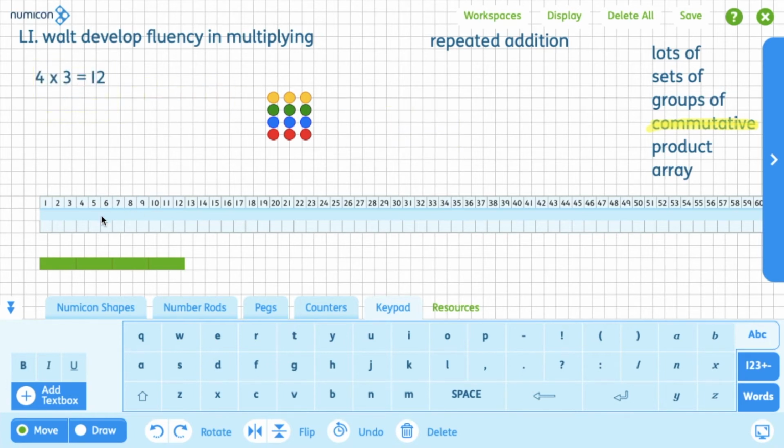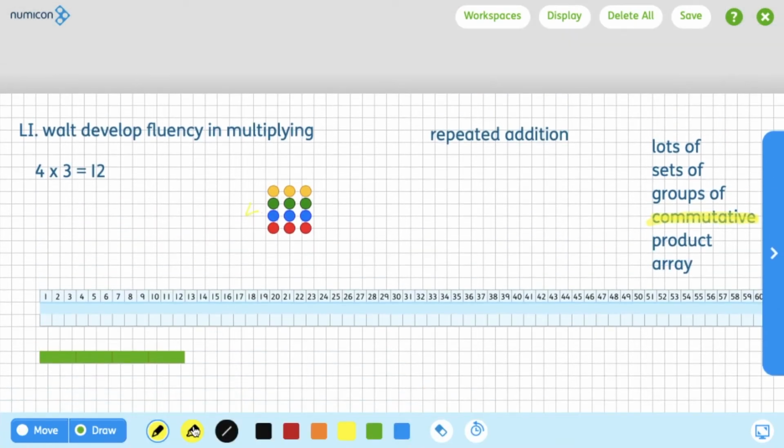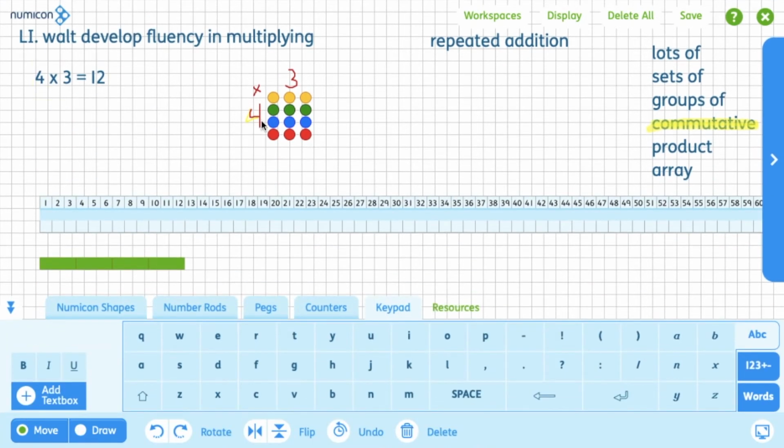Because we have 1, 2, 3, 4 lots of 3 down here, and we have 4 down the side. So we had 4 sets and 3 in each set. So we had 4 times 3. Now, if we're thinking about multiplying, there's this beautiful thing. It happens in adding as well.